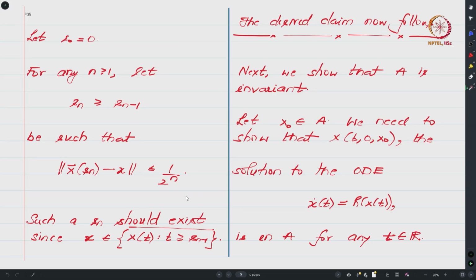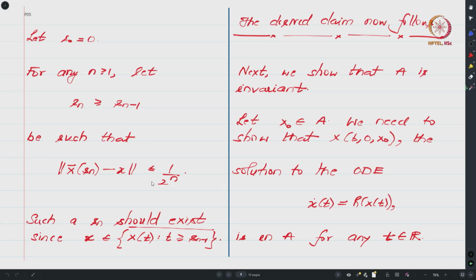Once you have Sn minus 1, you construct Sn in the following way. You identify an Sn bigger than or equal to Sn minus 1 such that the distance between x bar Sn and x is less than, say, 1 over 2 raised to n.